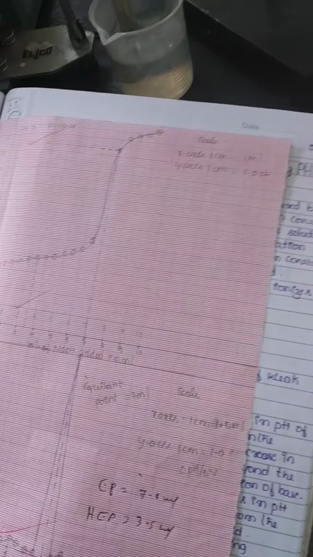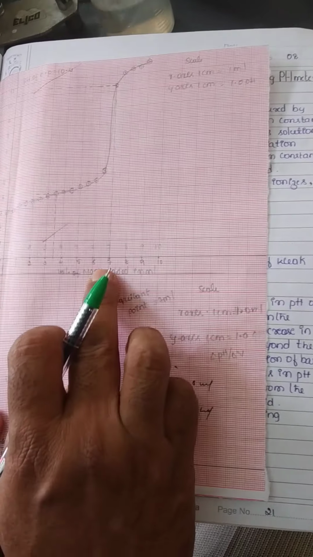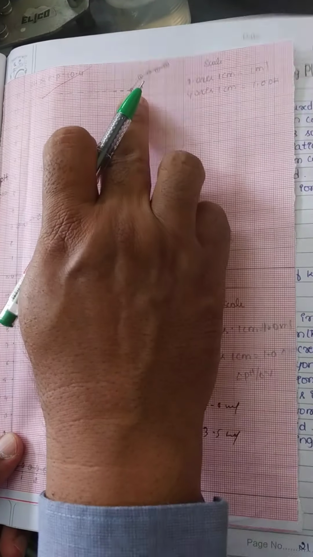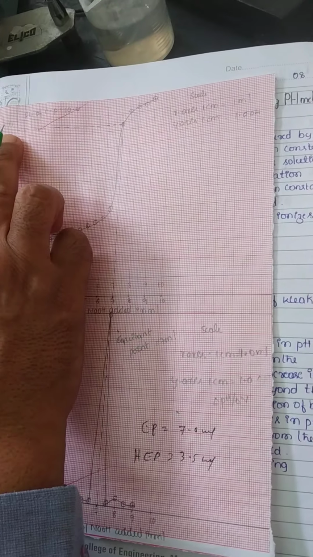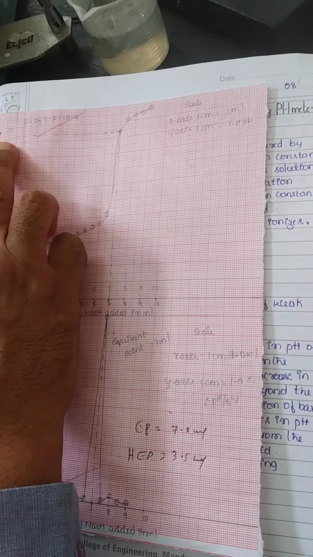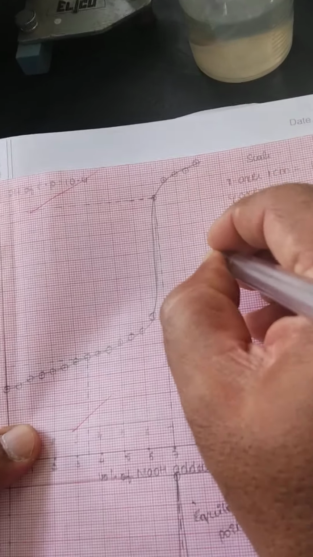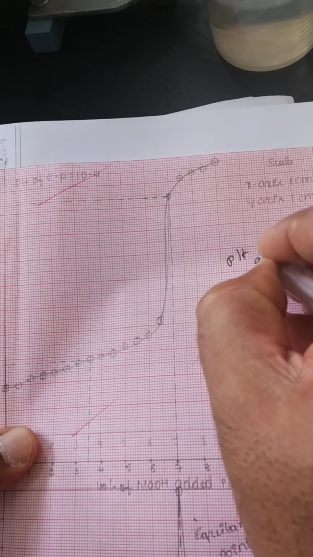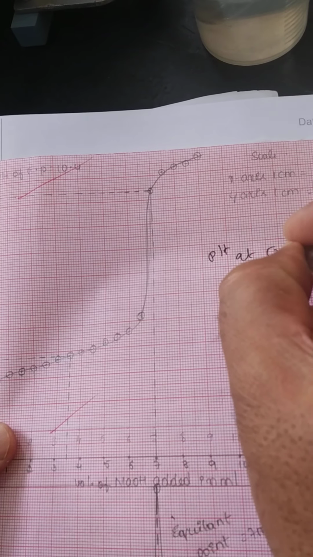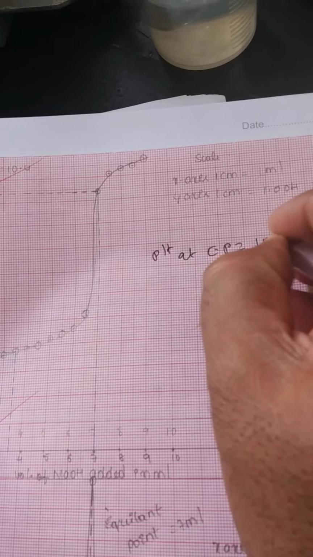Then you have to take the equivalence point, draw the perpendicular line, then draw the horizontal line. Where the horizontal line meets the y-axis, you have to measure the pH at EP, that is equal to 10.4.